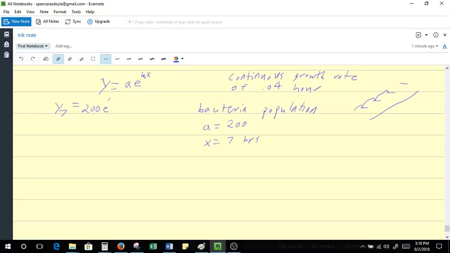To the K, which is 0.04, times X, which in this case is 7. We can plug that in and see what we get. We get, roughly, 264.63.